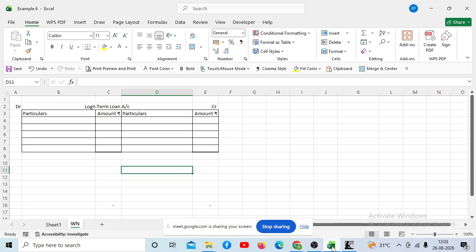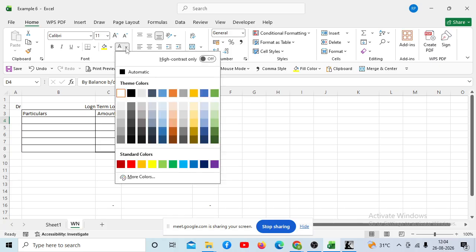Is it visible? Yes. So where will the opening balance come, tell me. Normal balance of liability is credit, so it will come on the credit side. So write it on the credit side. By balance brought down.